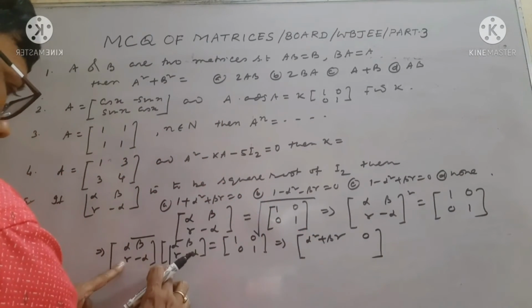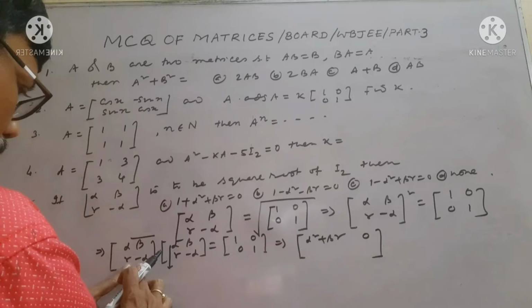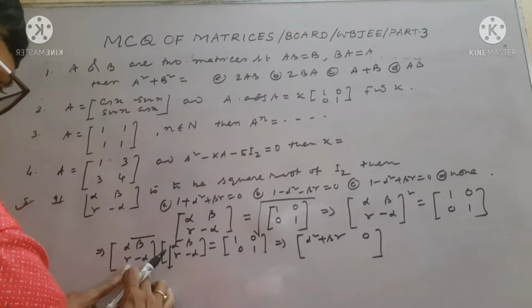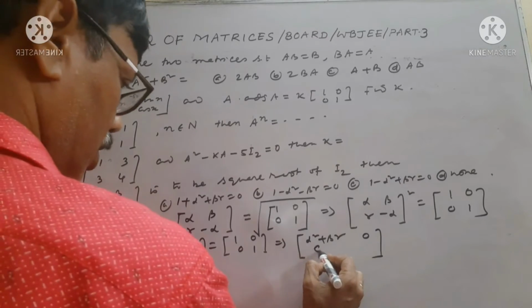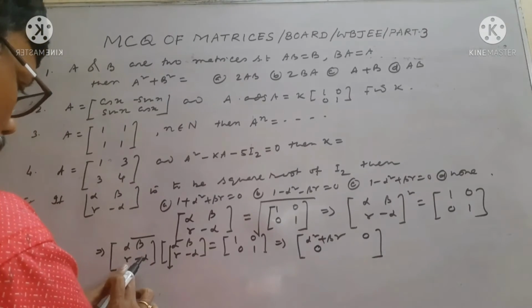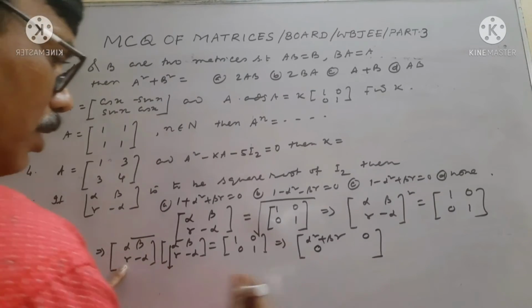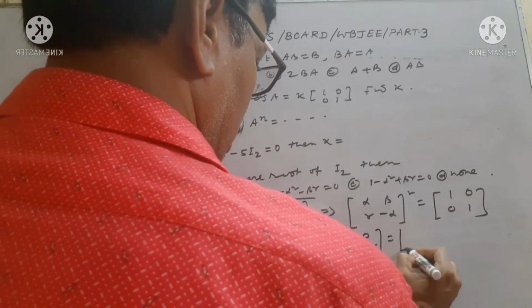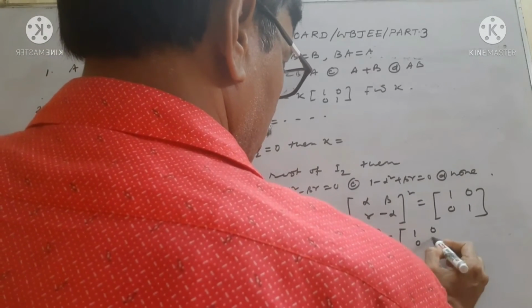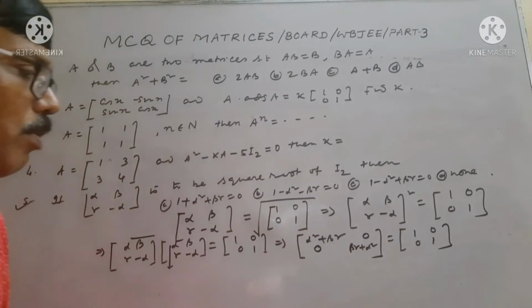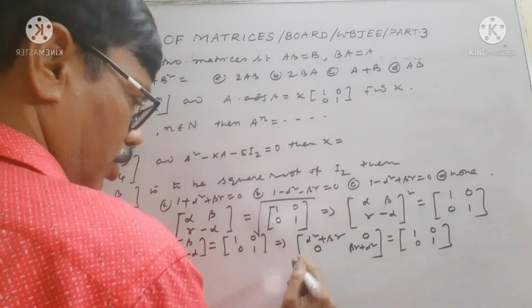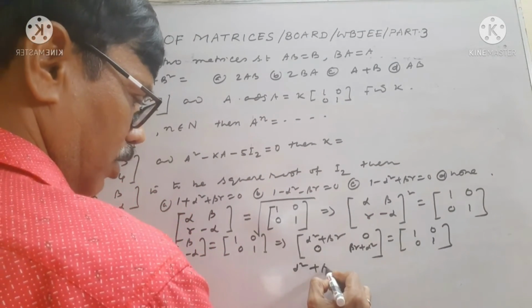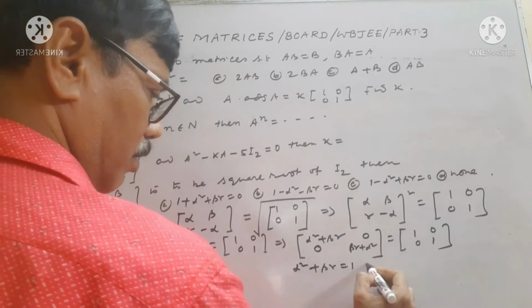Second row, first column: alpha gamma minus alpha gamma, so this is 0, and beta gamma plus alpha square. Equality of matrices gives alpha square plus beta gamma equals 1.